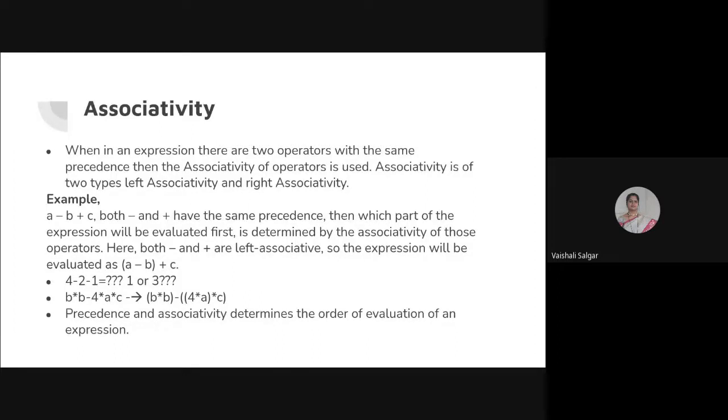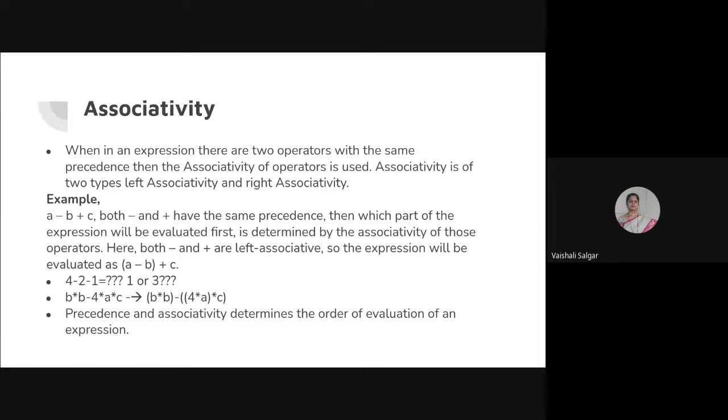Associativity is of two types, left associative and right associative. One example I have just shown, which we solved on the board. All the operators plus, minus, multiplication, division are left associative.